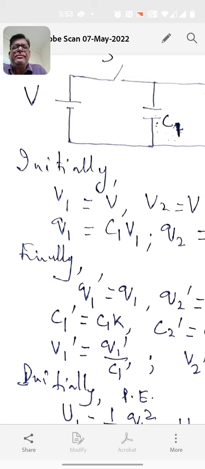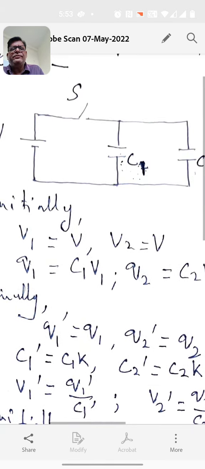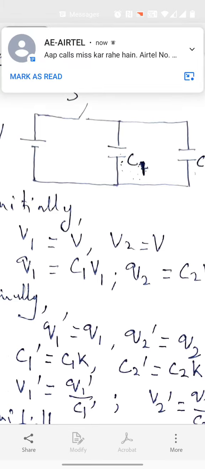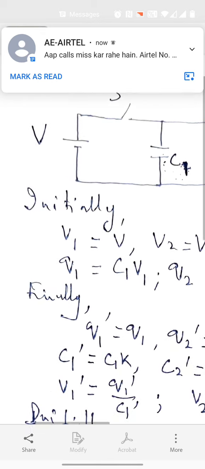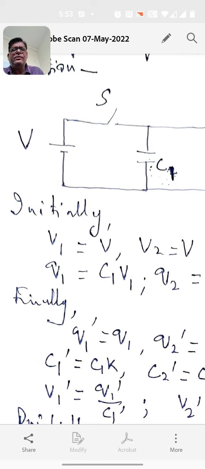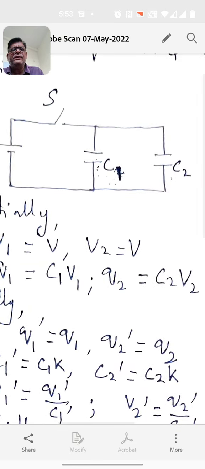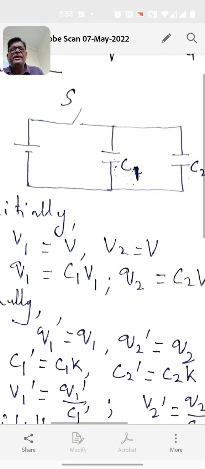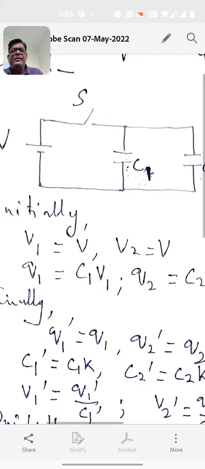So the step by step solution is: first, write the initial potential difference V1 across C1 when switch F is closed. V1 is equal to V, the battery voltage, and V2 is also equal to V because both capacitors C1 and C2 are connected in parallel.